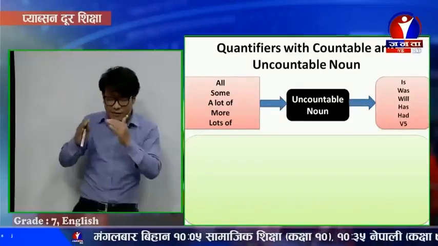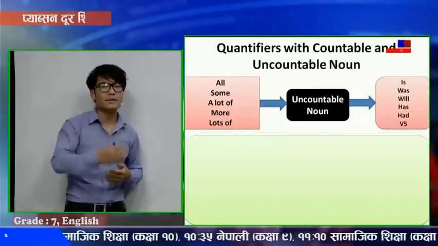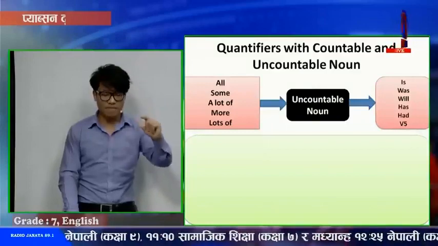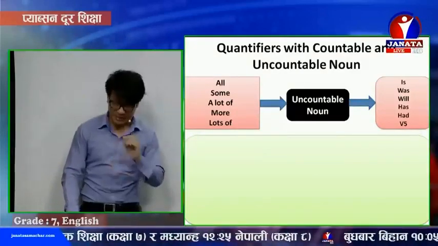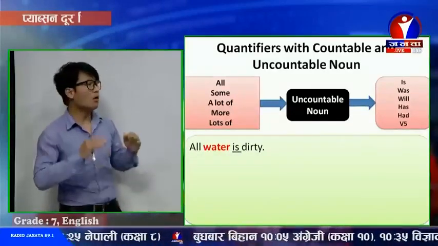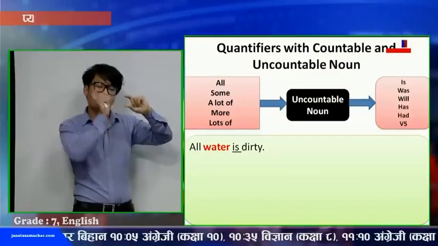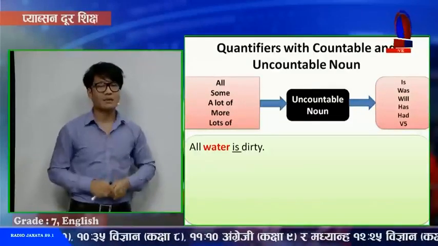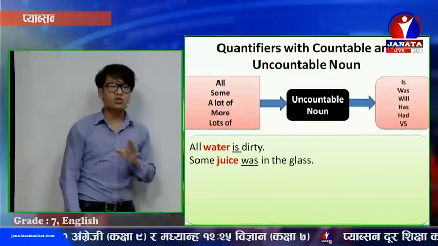These are the verbs which can be used if there is an uncountable noun after these quantifiers. Let's have an example: all water is dirty. All is there, and after all there is water. Water is an uncountable noun, that's why there is 'is'.